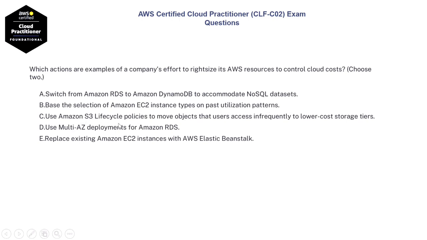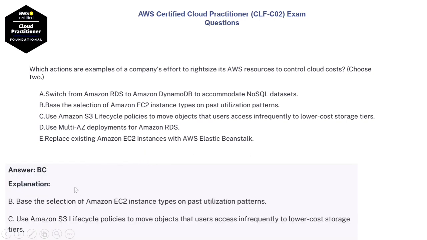Option C, use Amazon S3 lifecycle policies to move objects that users access infrequently to lower cost storage types. Option D, use multi-AZ deployments for Amazon RDS. Option E, replace existing Amazon EC2 instances with AWS Elastic Beanstalk. The right options are option B and option C.